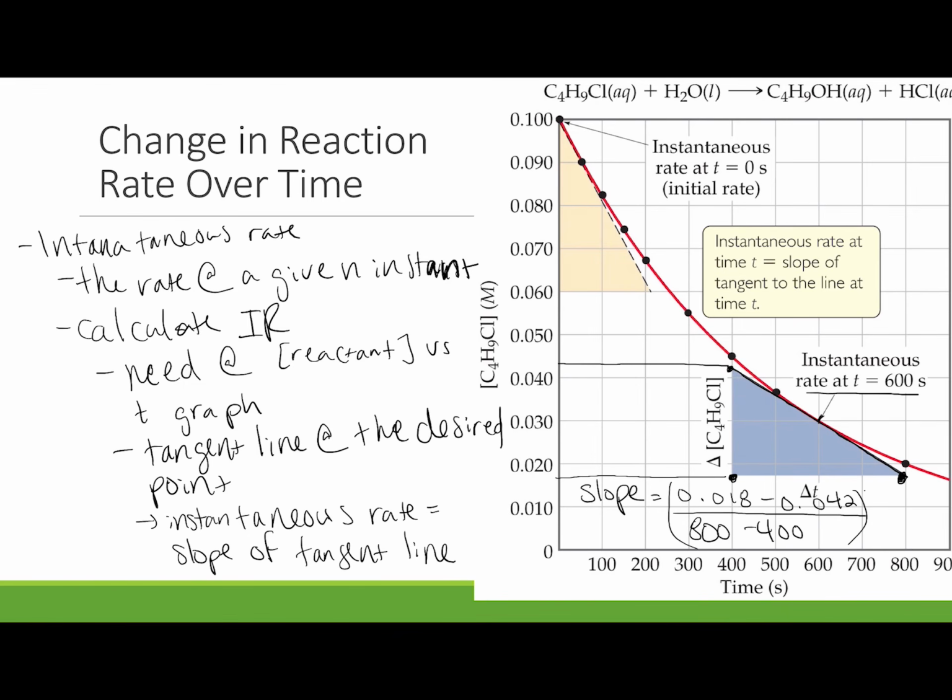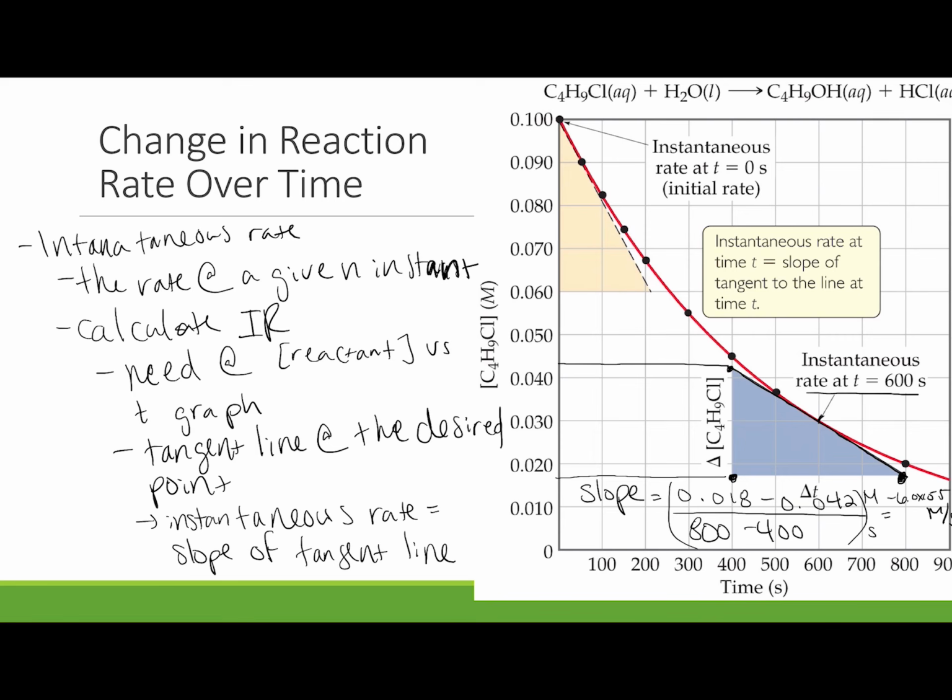Calculate this out, molarity on top, seconds on bottom, we get a value of negative 6.0 times 10 to the negative 5 molarity over seconds. And of course, that is going to be a change in chlorobutane. Our actual instantaneous rate would be a positive value.